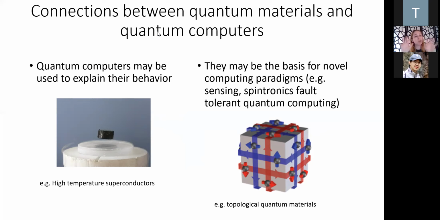So there are kind of two approaches. One approach is that quantum computers, ones that we have now, ones that we might have in the future, may be used to explain the behavior of quantum materials. An example of this is high temperature superconductors, which are materials that have been known to be superconducting for almost 40 years, but we still don't understand why they become superconducting.